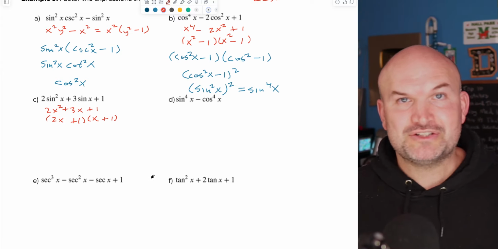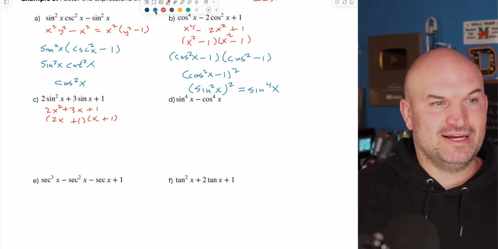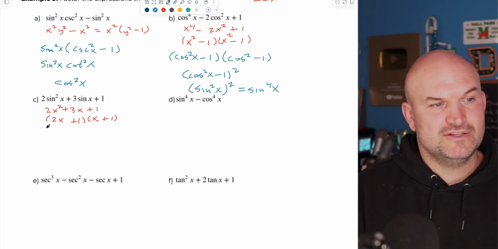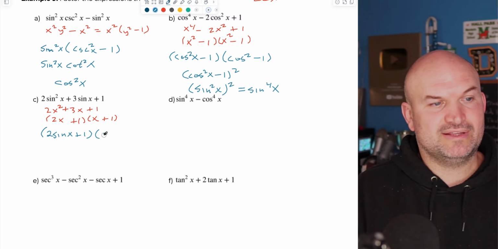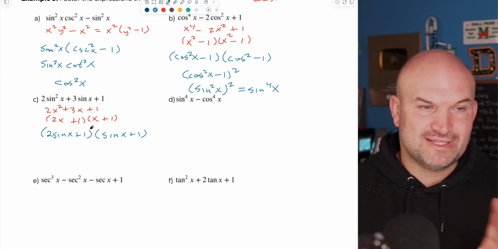That wasn't even hard factoring. Now just replace my x with sine of x. So I can rewrite this as 2 sine of x plus 1 times sine of x plus 1. Unfortunately, there's nothing squared, so don't try to do anything with your Pythagorean identities.